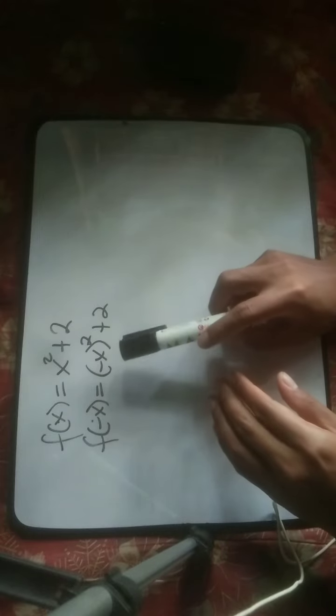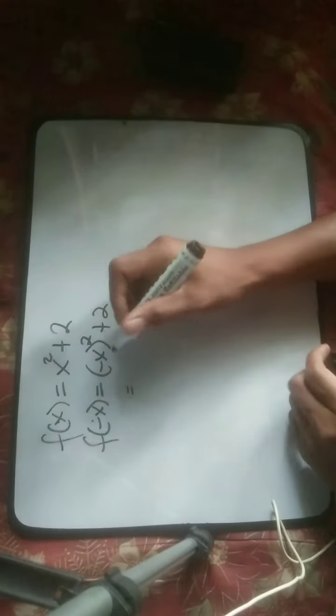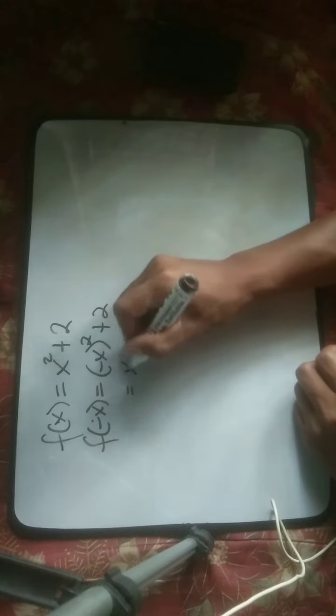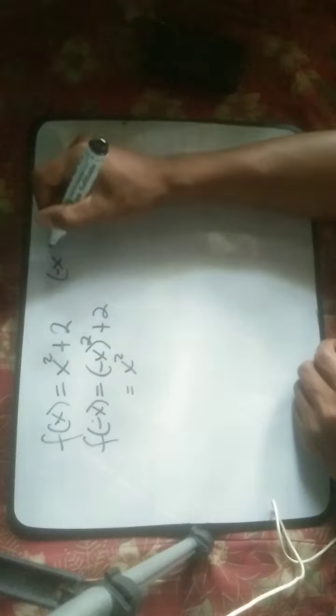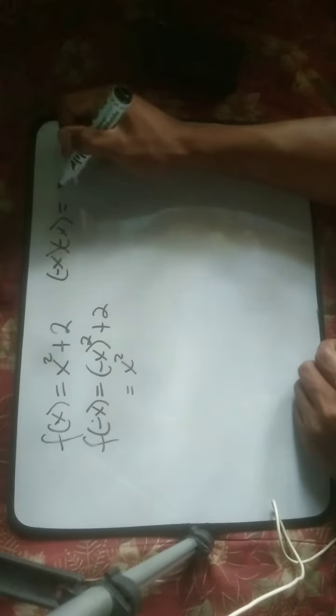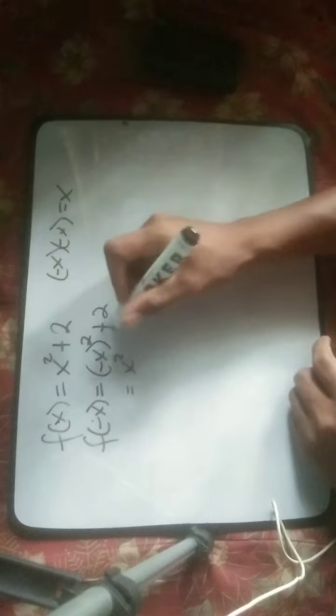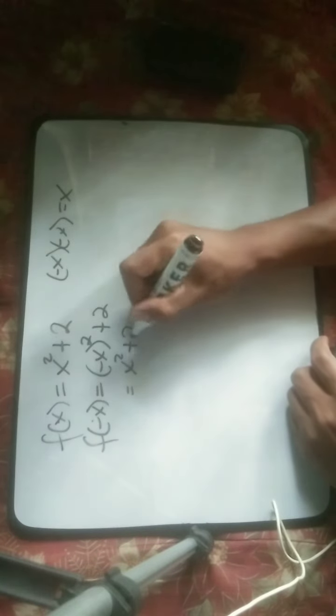So if we raise a negative sign to an even power, the term will still be the same as x squared. It is like negative x times negative x, still the same as x squared, right? The only thing that changes is the sign, and plus 2.